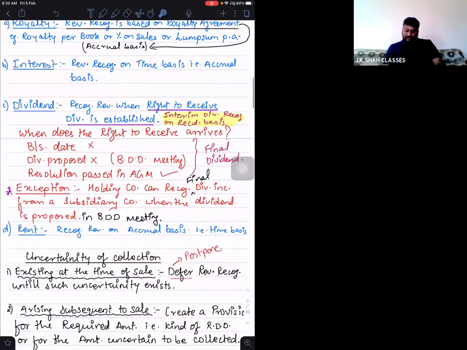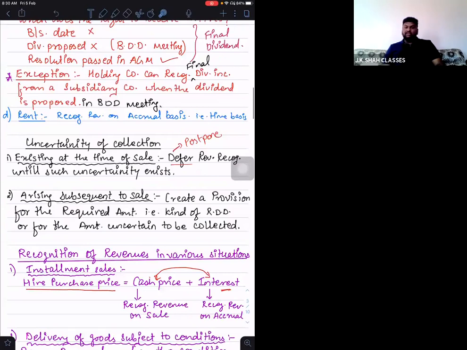Right? Now, one point before the break, uncertainty of collection that I've already discussed with you. What it says: if uncertainty exists at the time of sale, means at the time of sale or at the time of raising a claim from your customer, postpone, defer revenue recognition until such uncertainty exists.